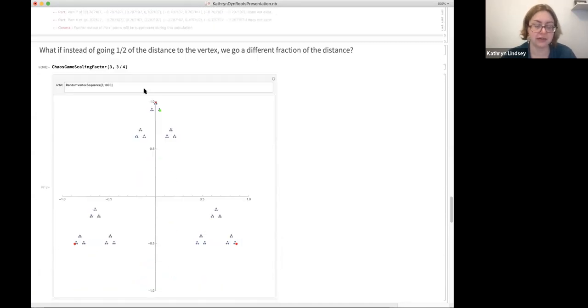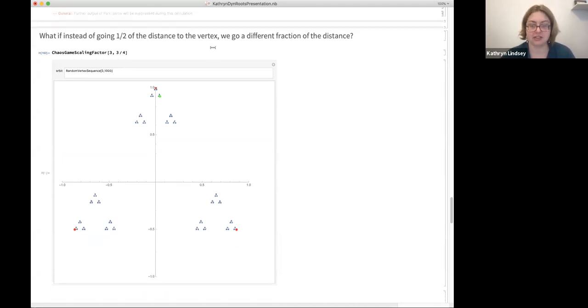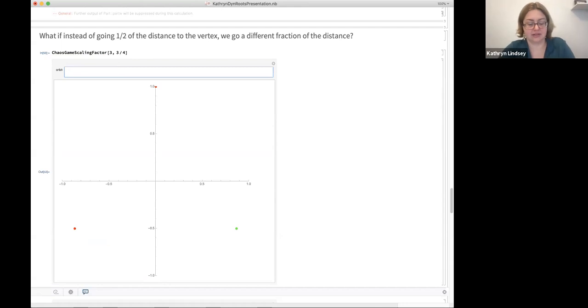But what if instead of going half of the distance to the vertex, we go a different fraction of the distance to the vertex? So in this version of the chaos game, instead of going halfway between wherever you are and the corresponding vertex, you go 3/4 of the distance to the corresponding vertex. 100 points.